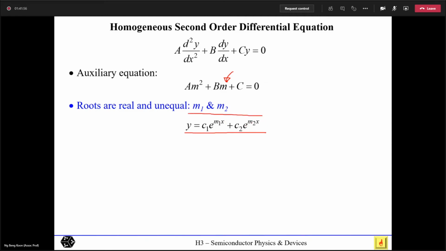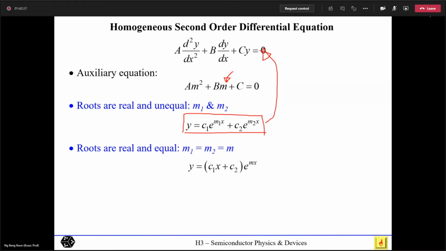That's the general solution of the differential equation. In fact, if you differentiate this twice and put the various derivatives into your differential equation, you find that the sum of it will equate to 0. That means it satisfies this differential equation. So in the case where the roots are real and unequal, you get this general solution.